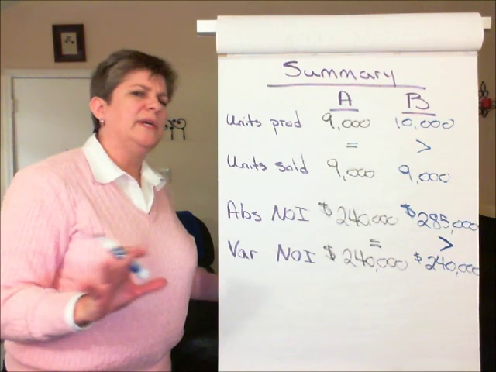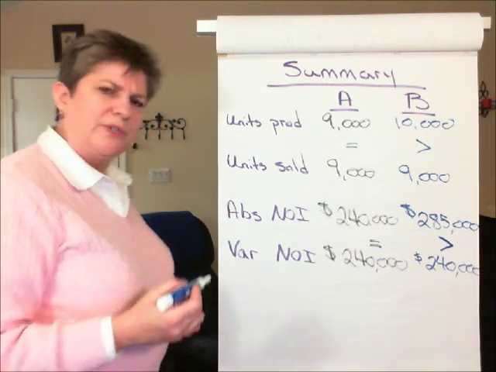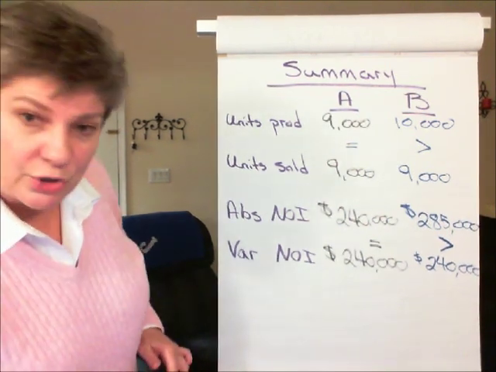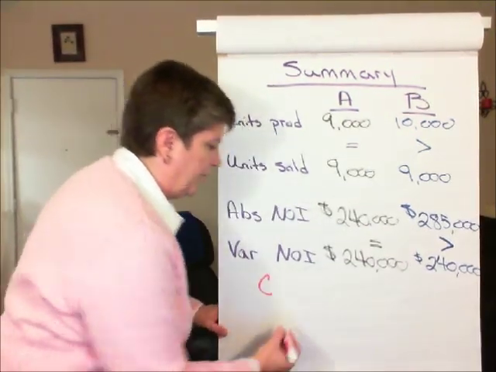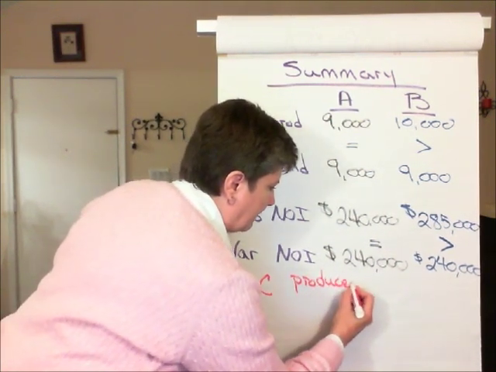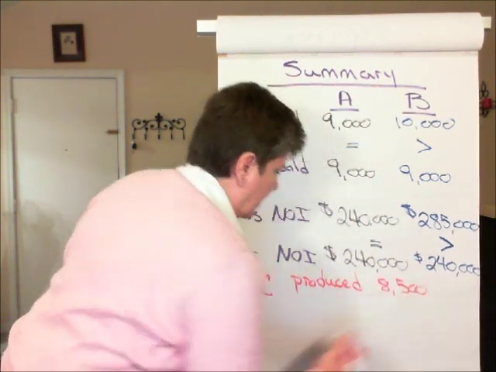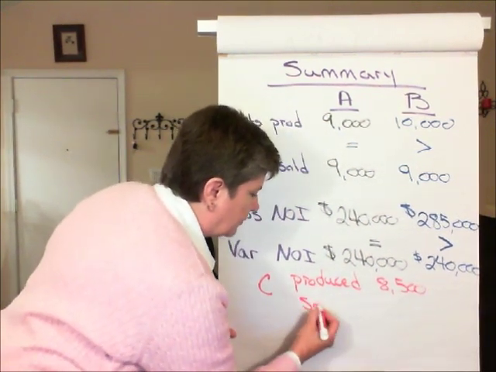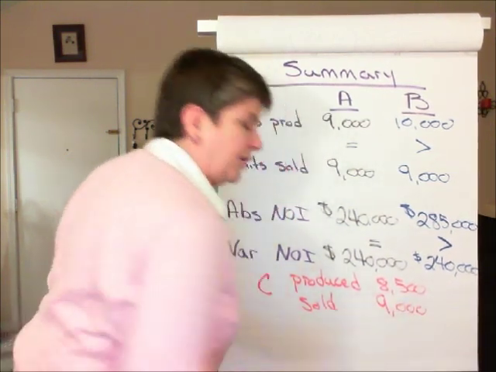Now, we didn't do income statements for scenario C, but let's review what scenario C showed us. In scenario C, we produced 8,500 units and we sold 9,000 units.